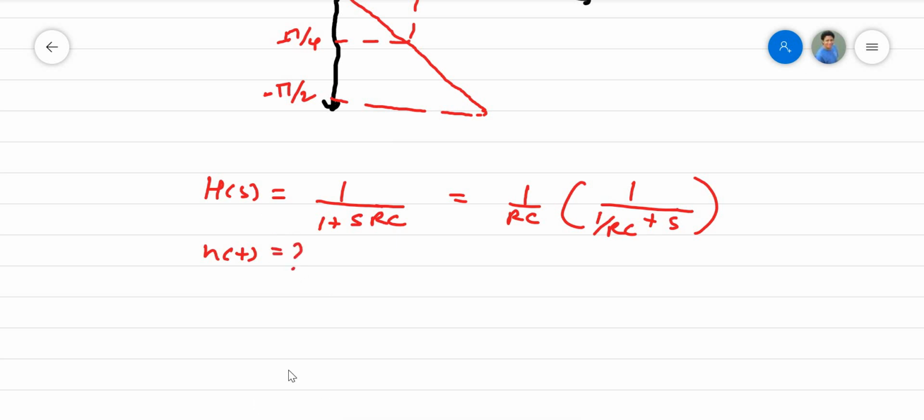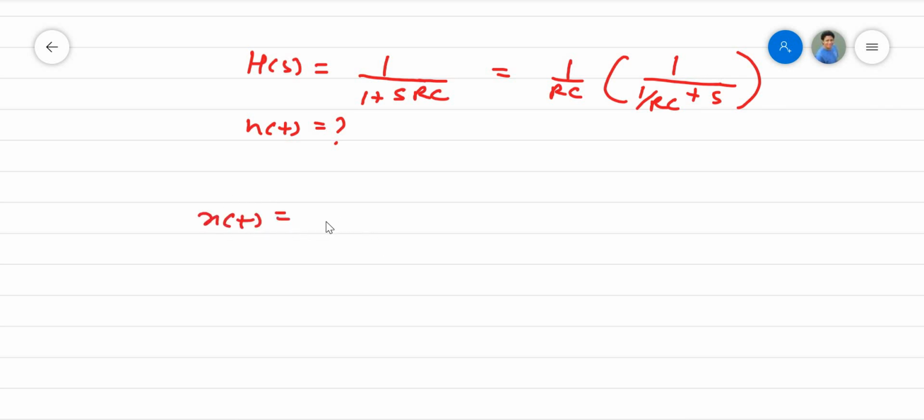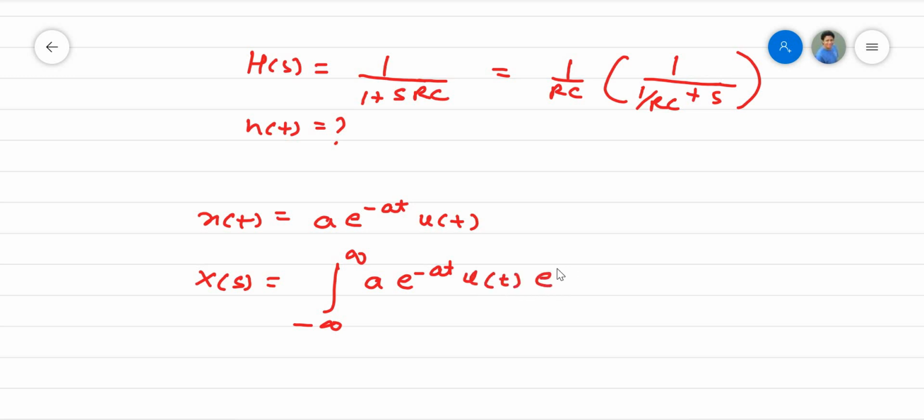inverse Laplace transform of this H(s), and we want to use our knowledge of Laplace transforms. Let x(t) equal a e to the power minus a t times u(t). Then to find X(s), we integrate from minus infinity to infinity a e to the power minus a t u(t) e to the power minus s t dt. Now a will go outside and our integral will go from 0 to infinity due to this u(t).